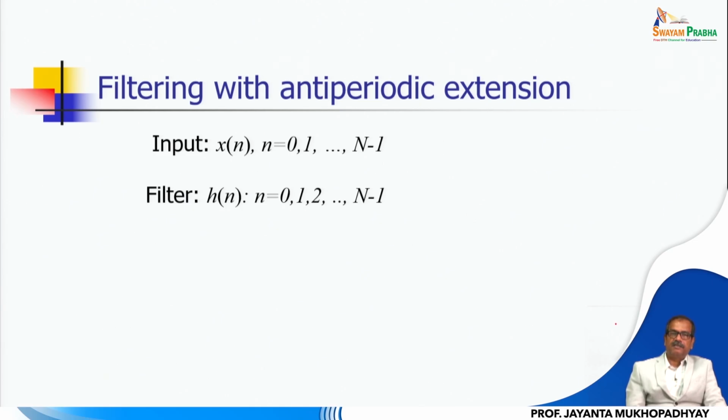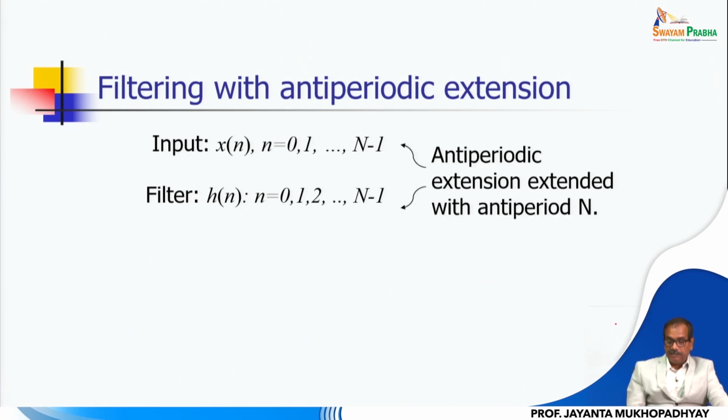Now, what happens in filtering with anti-periodic extension? Say I consider periodic extension, then another scenario could be that the extension is anti-periodic, which means that in this case your signal gets inverted with the extended period, and the period of the anti-periodic signal will be twice N. That also we have discussed.